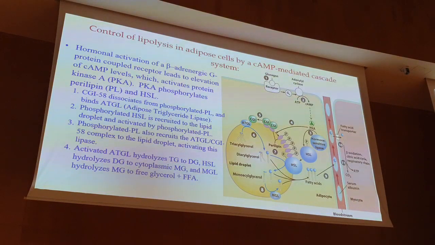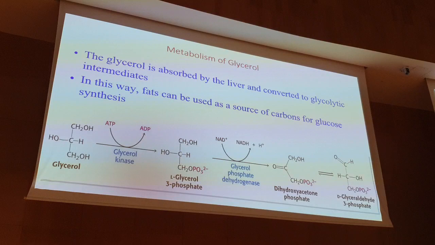Okay, so let's take this a step further. What happens to the glycerol? Well, there we go. The glycerol gets converted into dihydroxyacetone phosphate and then gets converted into glyceraldehyde 3-phosphate.